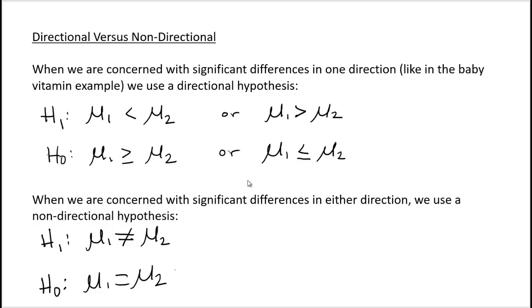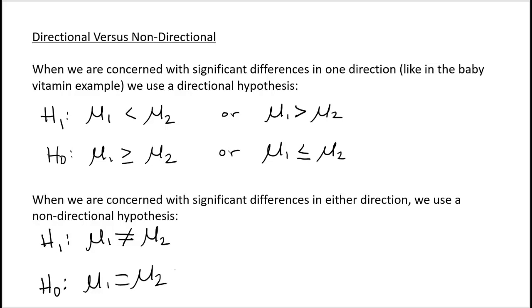All right. When we are concerned with significant differences in either direction, so a non-directional test, also known as a two-tailed test, we use a non-directional hypothesis. So the alternative hypothesis is that the populations are not the same. That means that they are either less than or greater than, but whatever they are, they're not the same. And the null hypothesis is that they are the same.